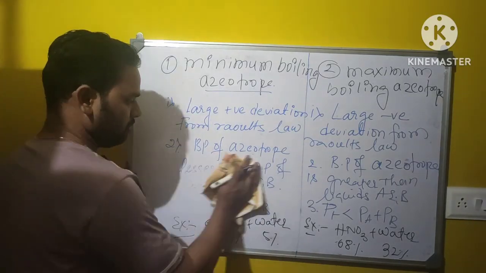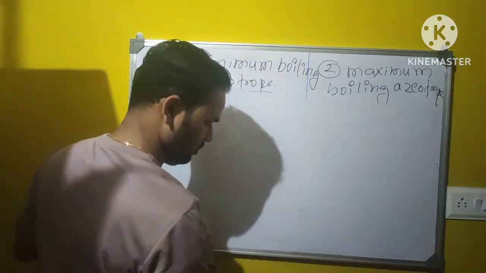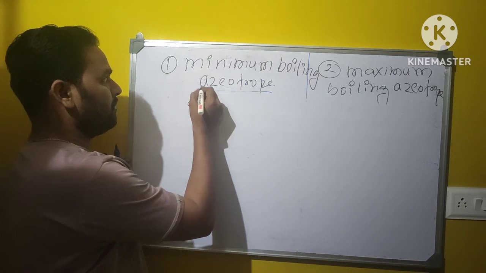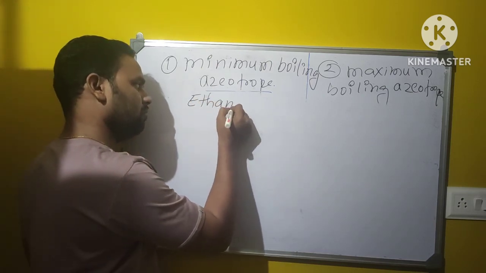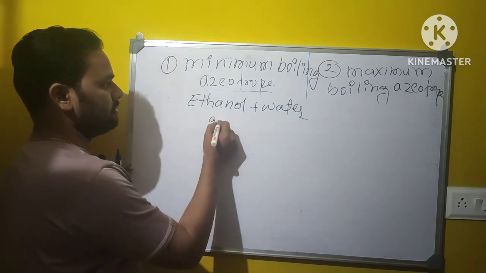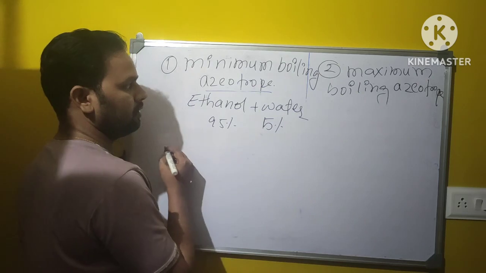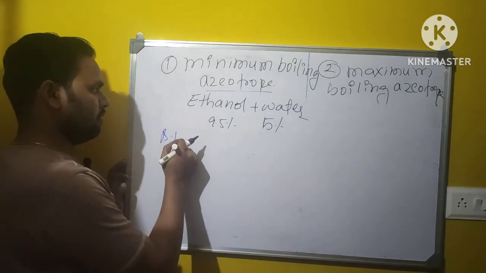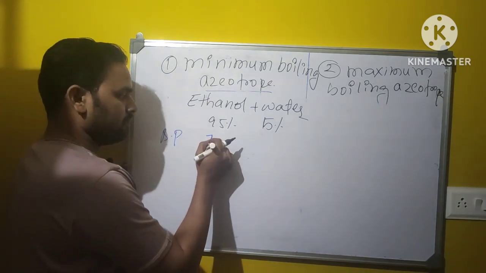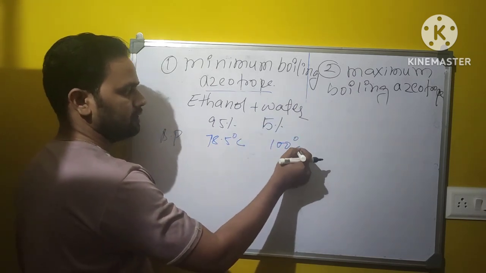Examples are given. So once again I'll explain by taking examples. For minimum boiling azeotrope, ethanol and water: ethanol is 95%, water is 5%. Boiling point of ethanol is 78.5 degrees Celsius, water is 100 degrees Celsius.